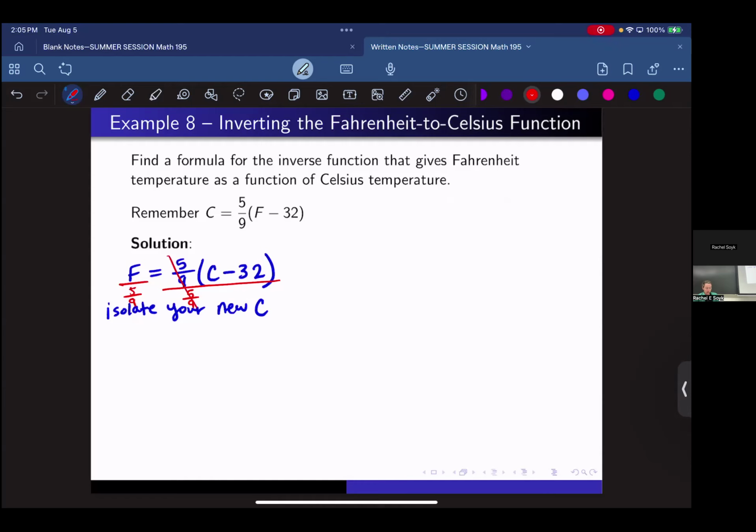So you're essentially looking at 9F over 5 is equal to C minus 32. And then you can go ahead and add 32 to both sides.